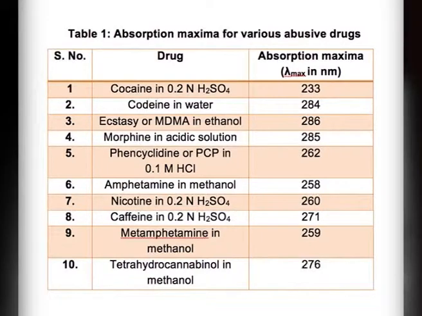Morphine in acidic solution shows a lambda max at 285 nanometers. Phencyclidine or PCP in 0.1 molar HCl shows a lambda max of 262 nanometers. Amphetamine in methanol at 258 and nicotine in 0.2 normal H2SO4 shows a lambda max at 260 nanometers.